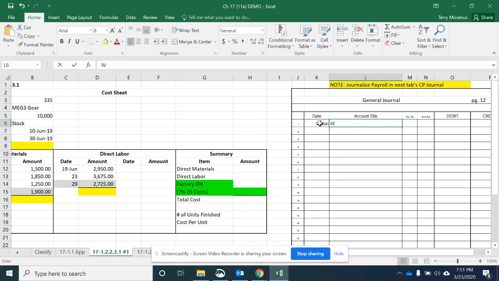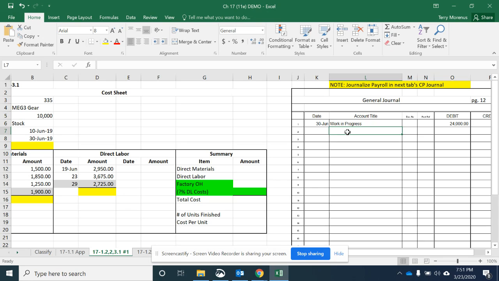Our first account title is Work in Progress, and these are our direct materials. They told us it was $24,000 in total. I'll let you type that in. The next one is the indirect materials, $20,000.